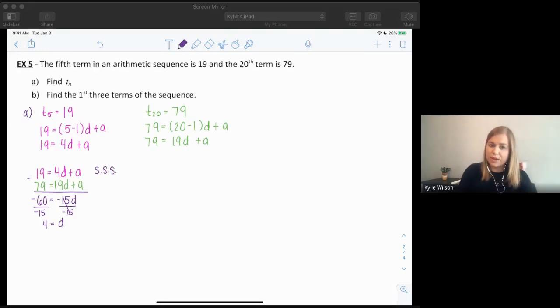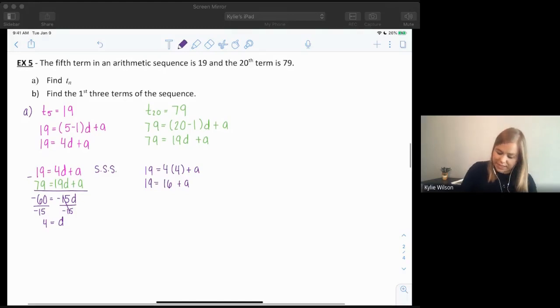Now we also need to find a, so we can just use 4 and sub it into one of our equations. I'm going to sub it into our first equation simply because the numbers are smaller in that one. I thought it'd make my math easier, but it doesn't matter. You could sub it into either. So we'll have 19 equals 16 plus a, and then we need to move that over.